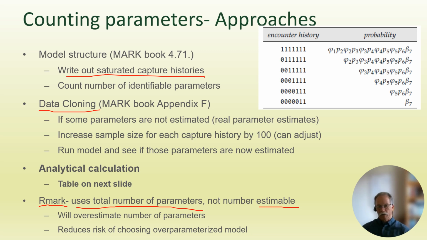So if you can imagine a big model that has like 48 parameters that are potentially estimable, and Mark can only estimate 20 of them because your data is really sparse and lots of your Ps and phis are coming out to be 0 or 1.